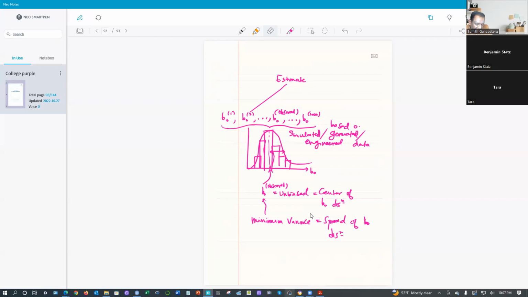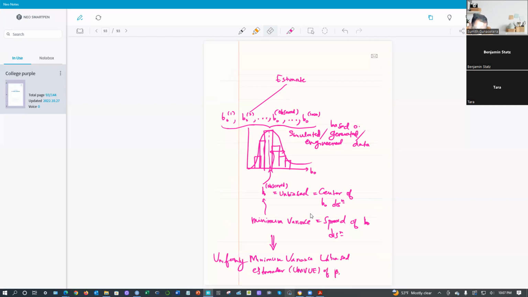Same way here. Because of that, if you put these two pieces together, you're gonna say minimum variance. Uniformly, we're gonna say uniformly minimum variance unbiased estimator, which has been abbreviated as the acronym UMVUE of beta naught.